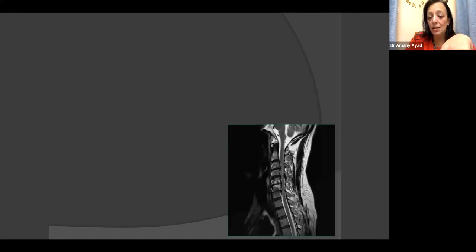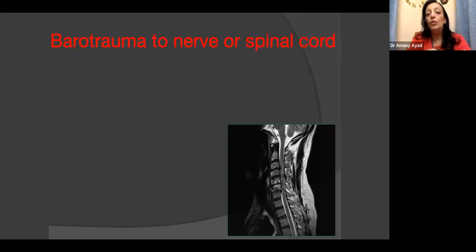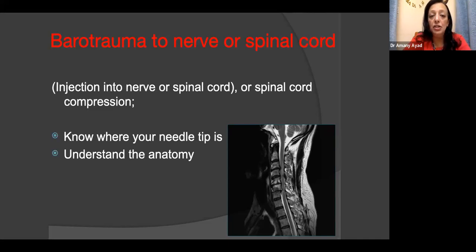I brought this MRI for a reason, because we're going to talk about barotrauma to the nerve or the spinal cord. Injection into a nerve or a spinal cord can cause spinal cord compression. So you need to know where exactly the needle tip is, and you need to understand the anatomy. And after that, you need to calculate the risk.